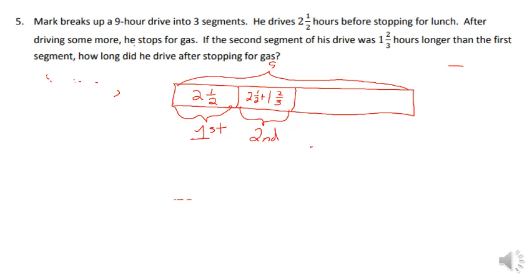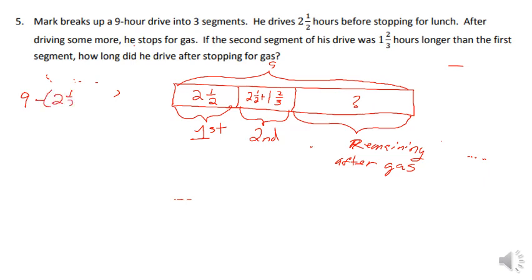Now they want to know what was the remaining. So how long did he drive after stopping for gas? So this is the remaining after gas. Now we can see with this that we have the total 9, and we're going to subtract the sum of 2 1/2 plus 2 1/2 plus 1 2/3.